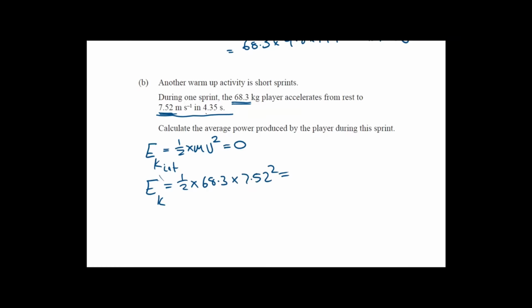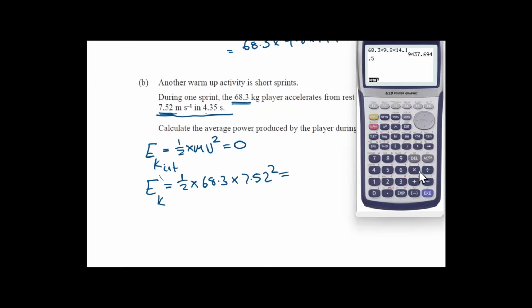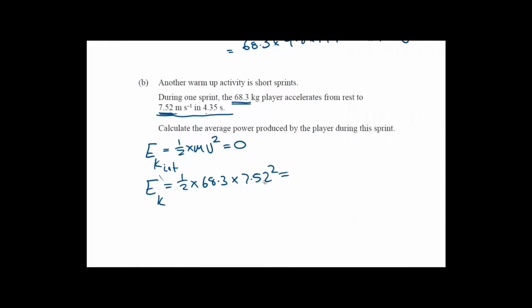Half times 68.3 times 7.52 squared equals 1930.2 joules. Not bad acceleration there, I've got to say.